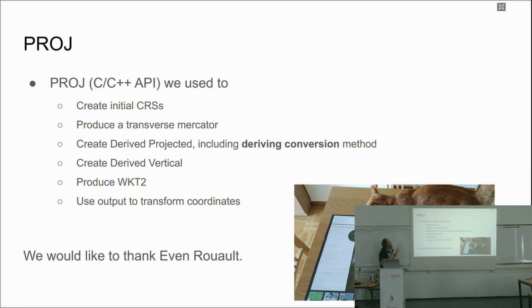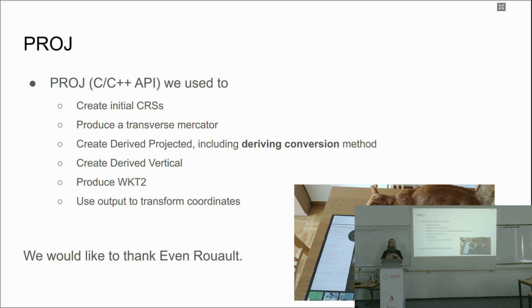And let me talk a bit about PROJ. Well, it's a C++ API. We use it directly in C++, not in Python. And we use that to create the initial coordinate reference systems, obviously this projected transverse Mercator, the projection we were using, to create all the deriving conversions and so on, and obviously to create the WKT2.